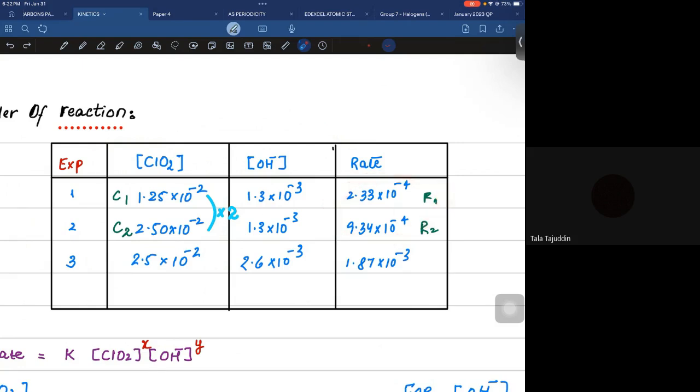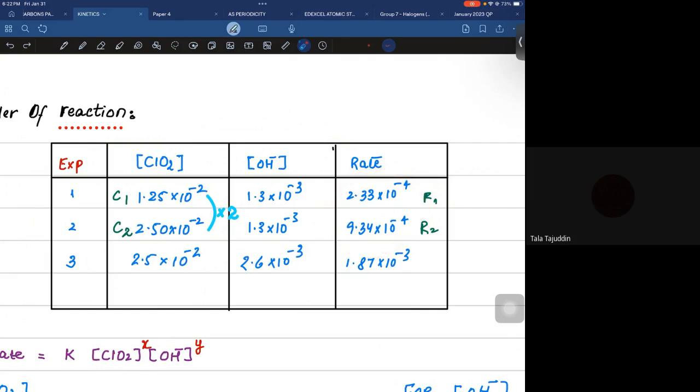It may be increasing by 2, by 3, by 4, by 9, by 12. So you have to divide these two values to get an idea. Can you tell me, if you divide these two numbers, what are you getting?